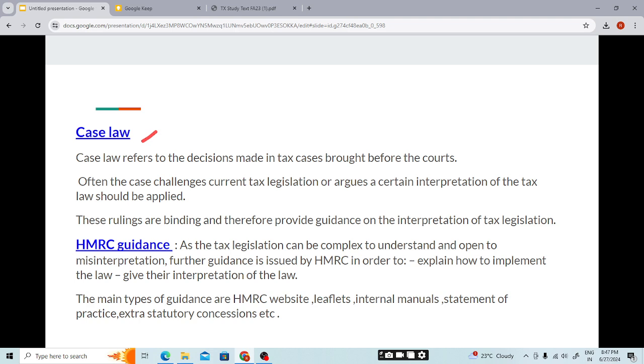The parliament has given the tax laws and tax rules, and if any issue is there in identifying whether this will apply or that will apply, then you can refer to the taxation rules in the case laws. Case laws refers to the decisions made in tax cases brought before the courts. You would have studied this case law in your F4 paper, the law paper.